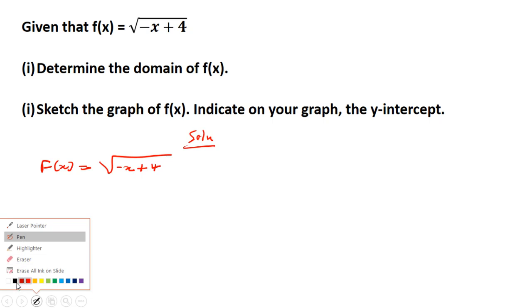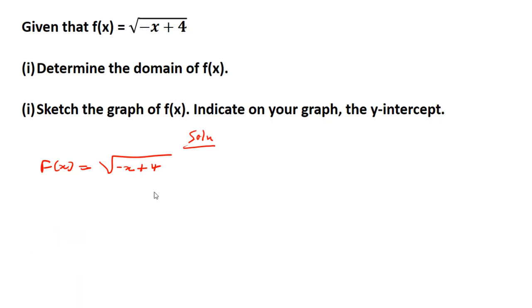So this is simply a radical function. For you to find the domain, you can simply say x is a member of real numbers such that negative x plus 4 is greater than or equal to 0.